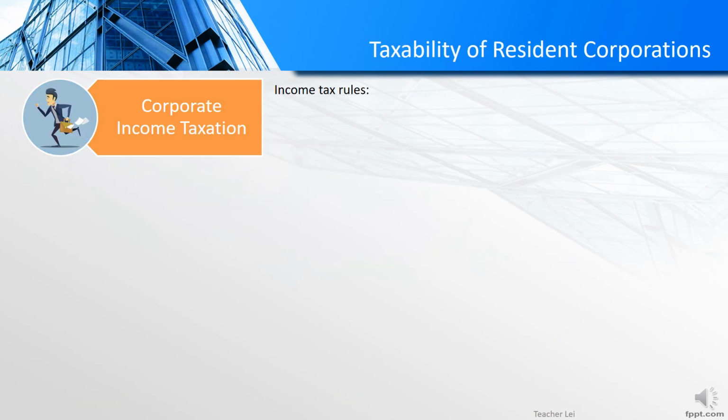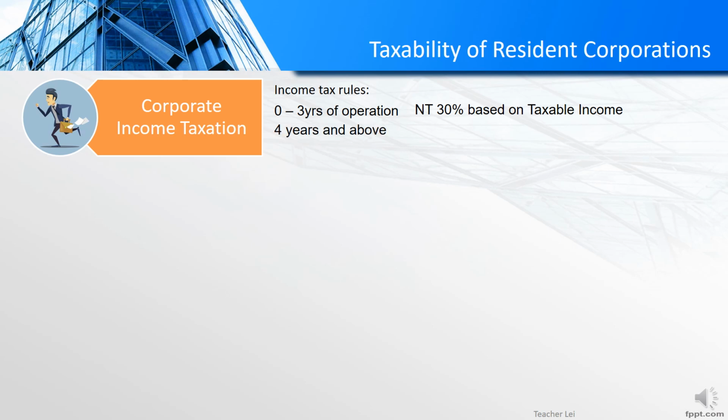For corporate income taxation, we have discussed that income tax rules for domestic corporations are either the normal tax or the minimum corporate income tax. Just like domestic corporations, resident corporations are also taxed with the same rules. For 0 to 3 years of operation, there will be a normal tax of 30% based on taxable income.